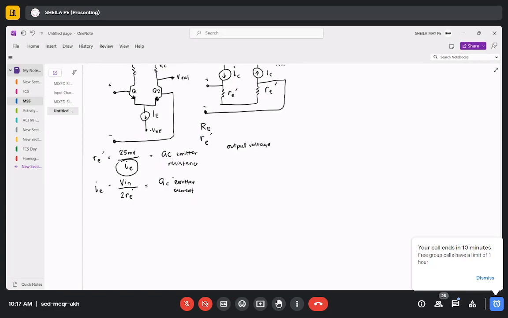Output voltage or V out, which is equal to our Ohm's law ICRC, or it's just equal to our Vin over 2 RE prime times RC. 'Di ba remember class, this is our IE, which is just equal to our IC.